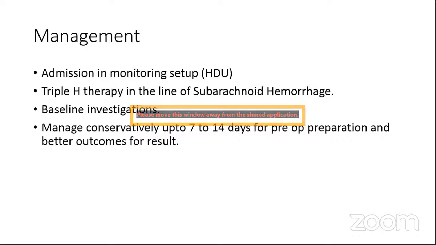We'll do the baseline investigations and manage conservatively, and if we are thinking of vasospasm, we can do serial scans and look at the daily report of the patient, if the labs are normal and the patient is optimal for surgery and for better outcomes. The optimal time of surgery would be 7 to 14 days, following the line of subarachnoid hemorrhage.